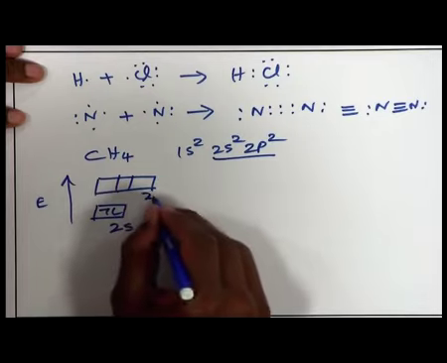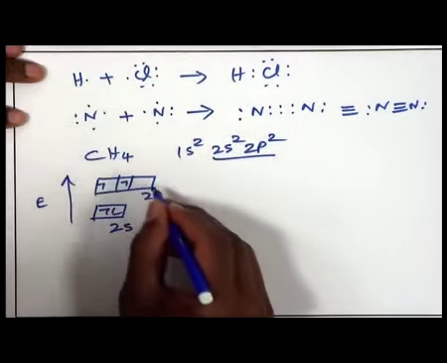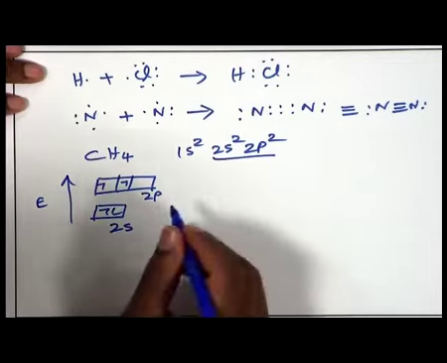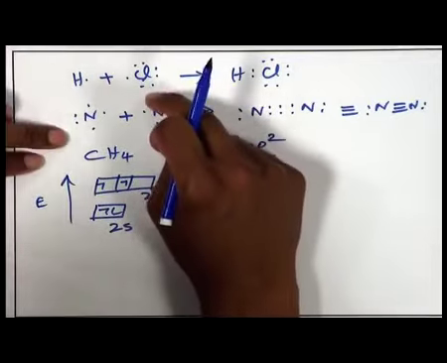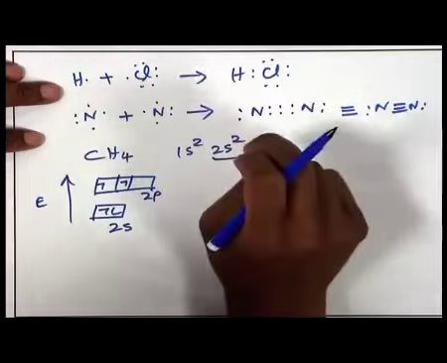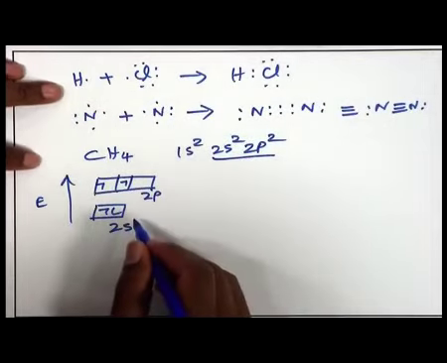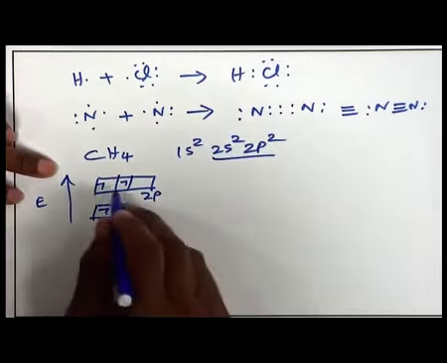This is the 2p orbital containing 2 unpaired electrons, here and here. One of the p orbitals is free. As you have seen, one unpaired electron combines to form a covalent bond. In the same way, carbon has 2 unpaired electrons.